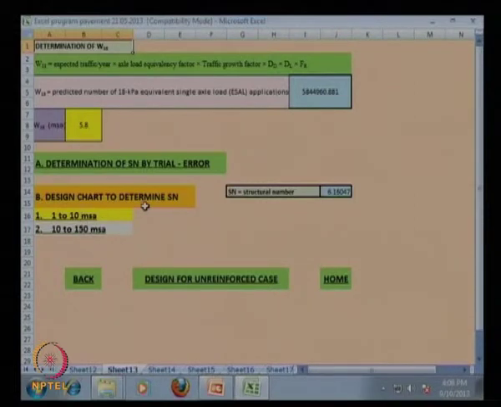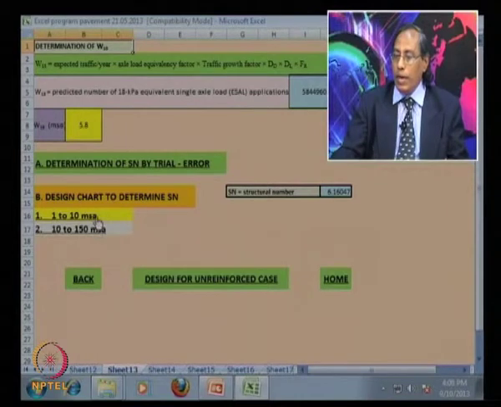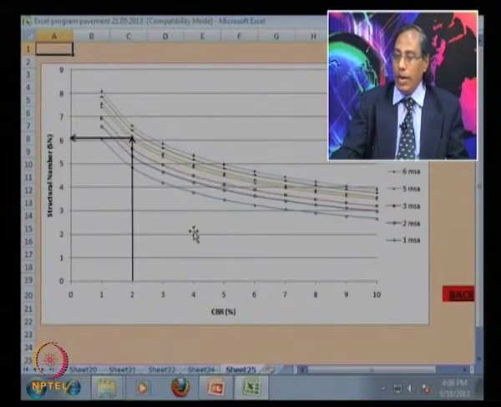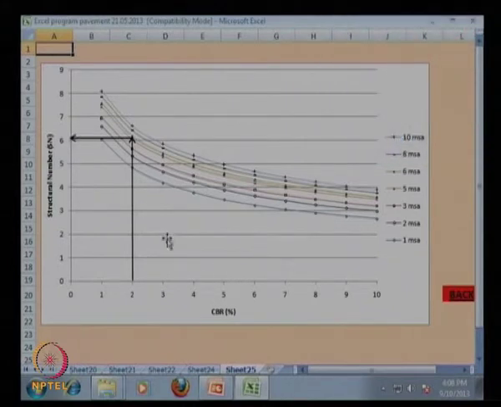There are two design charts. One is for 1 to 10 MSA, another is for 10 to 150 MSA. You can determine the structural number using this design chart. This design chart shows the relationship between the CBR and the structural number SN for different MSA, 1 to 10 MSA. Here, because the CBR value is 2, the structural number value lies between 6 to 8, nearer here.